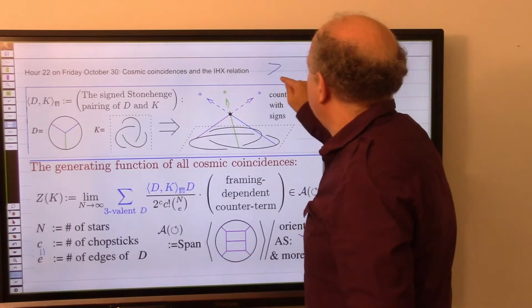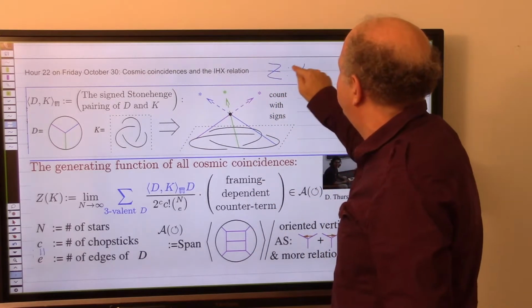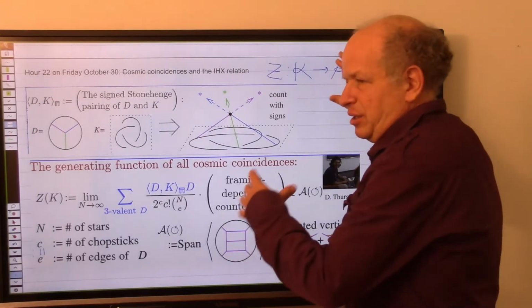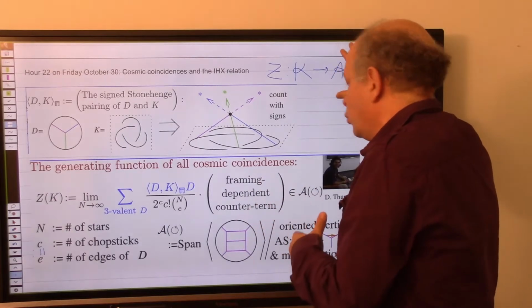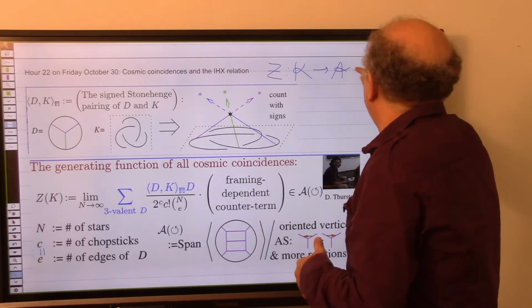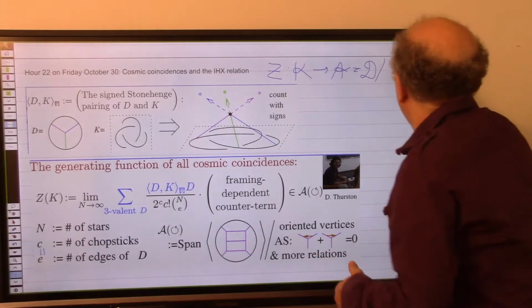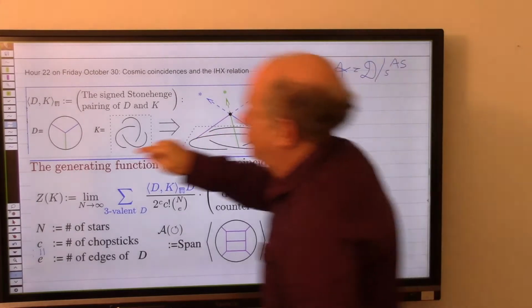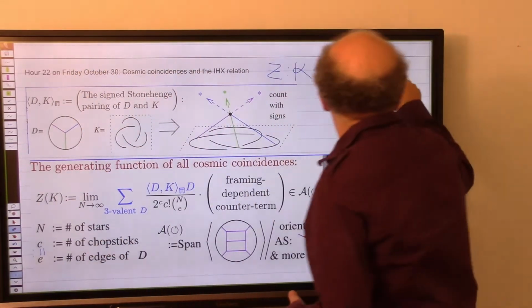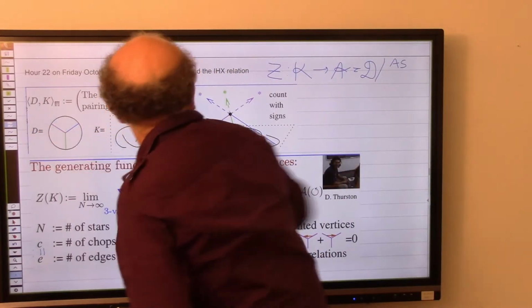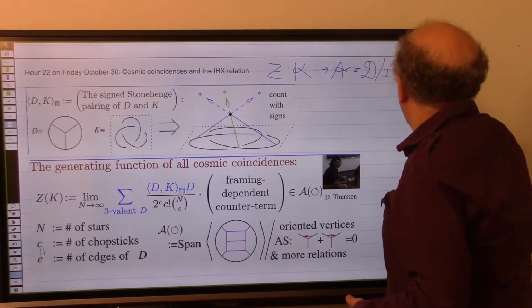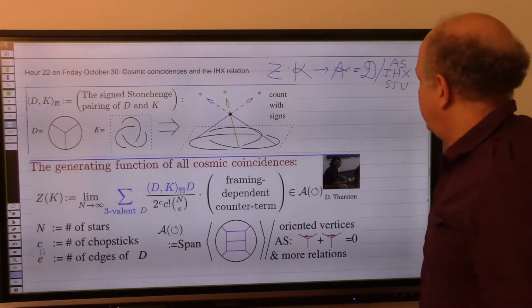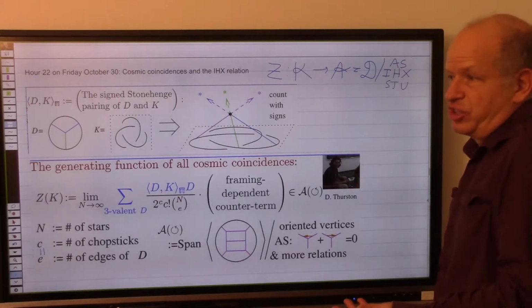We want a universal finite type invariant, a map Z from the space of knots to the space of core diagrams, which are the space of diagrams modulo antisymmetry and IHX, and STU. And we have a construction.